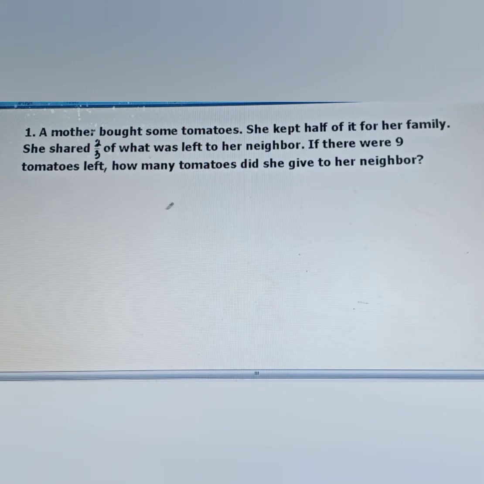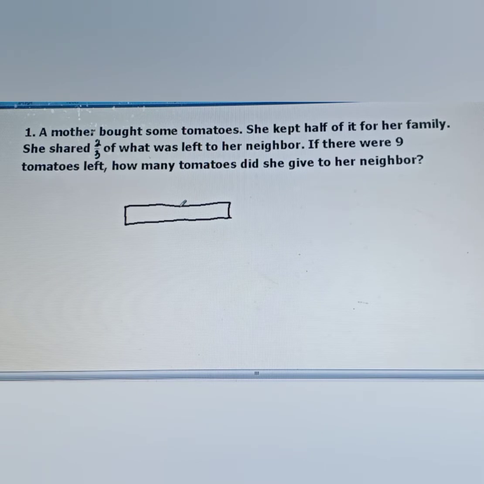So let me use blocks to solve this problem. Let me draw a block. If this entire block represents the number of tomatoes bought by mother, half of this was kept for her family.